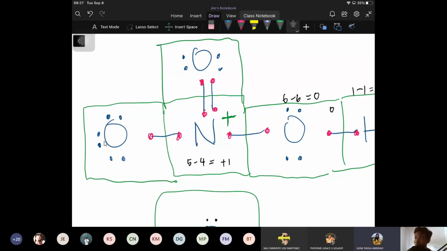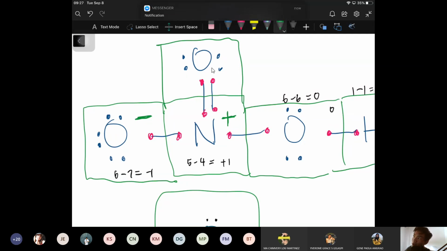Negative 1. Why did it become negative 1? Should is 6. Have, how many is the have? 1, 2, 3, 4, 5, 6, 7. So I have 7 dots around this oxygen atom. So that's negative 1. So that means my oxygen bears a negative charge.